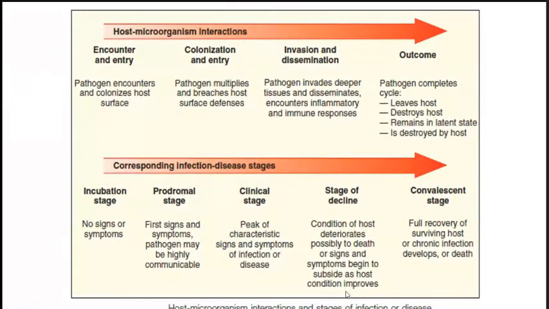So again, we come to host-microorganism interaction. As we said earlier, the host-microbe relationship begins once the microbe has gained entry into the host, the human being. The pathogen encounters and then colonizes the host surface.